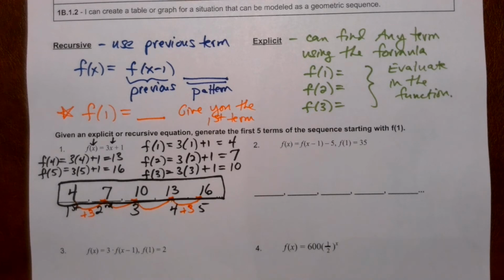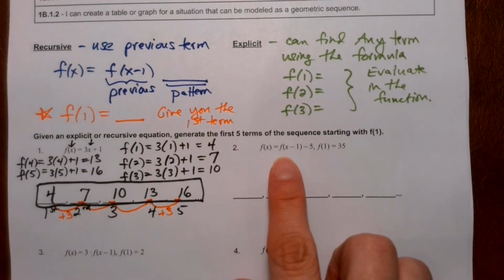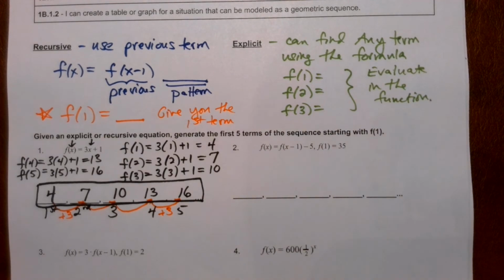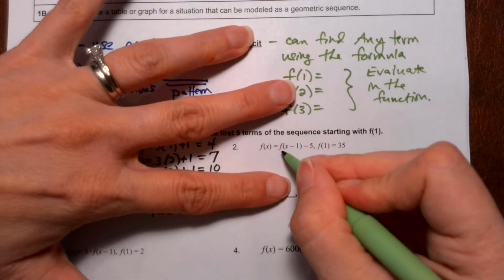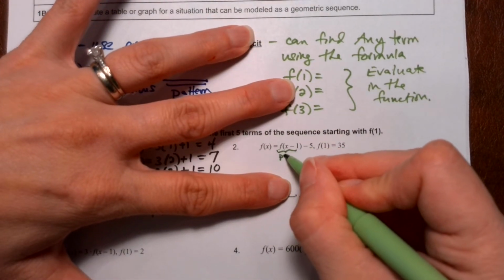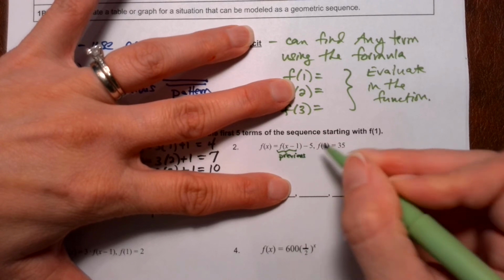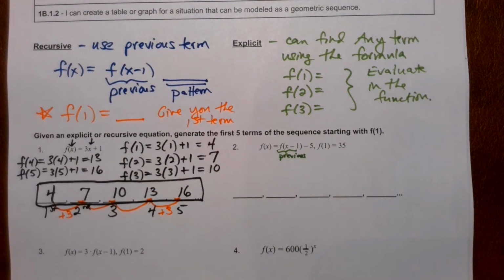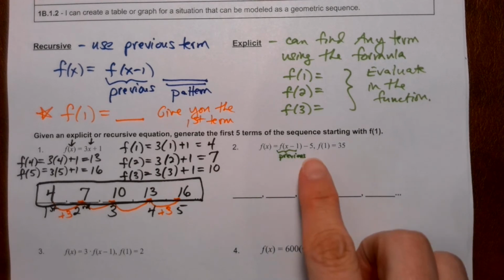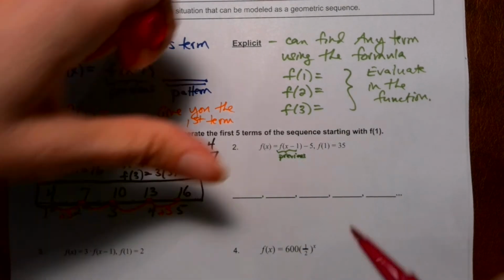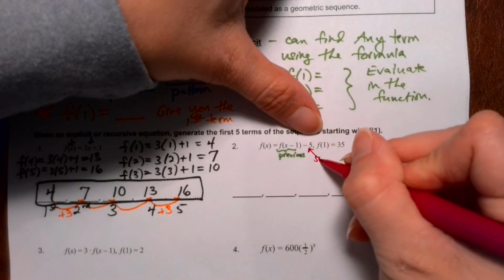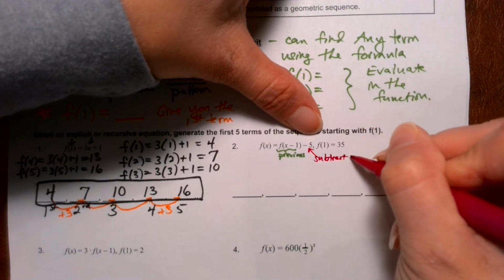Number 2 uses the previous, so this is a little different. This says take the previous one and subtract 5. So the pattern here is to subtract 5.